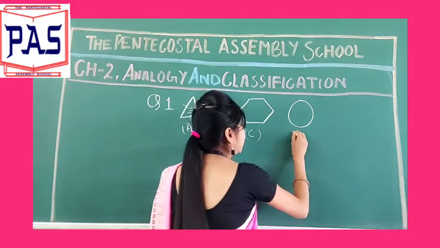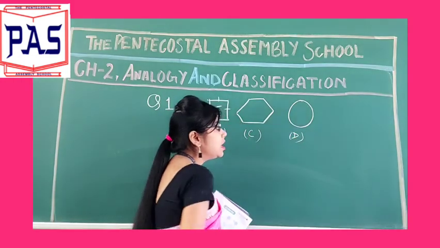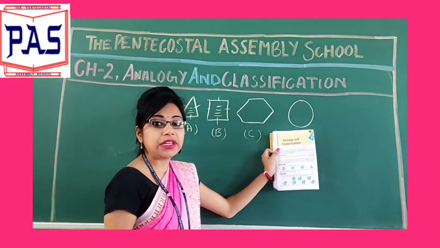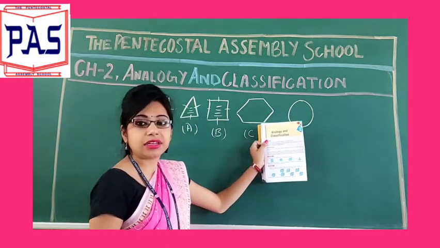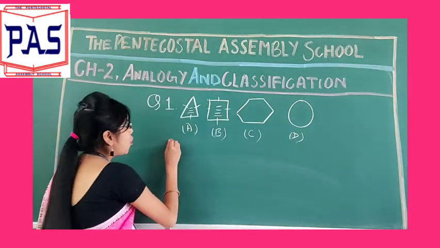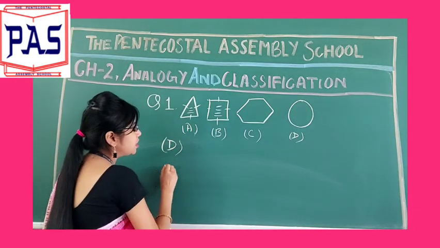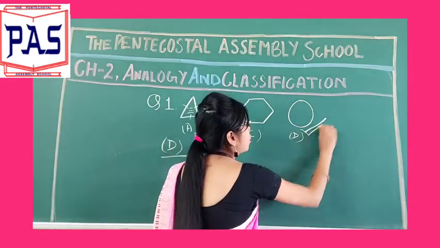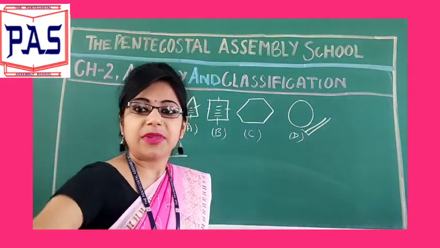But figure D, which is a circle, does not have any line in its boundary. So our answer is option D. This figure is odd among them.